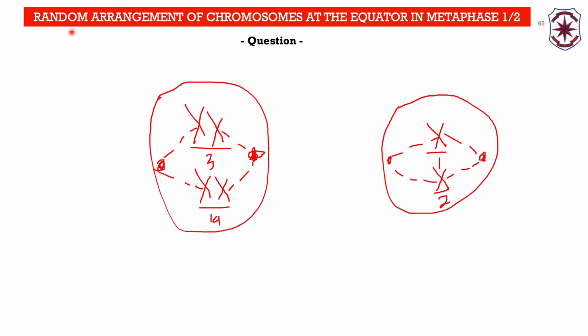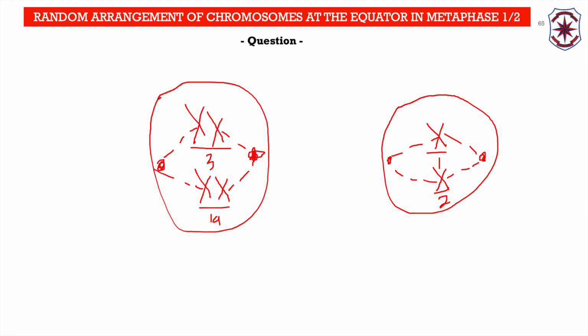I'm going to show you in this slide that the random arrangement of chromosomes in pairs in metaphase 1 and individually in metaphase 2 would actually warrant the cells being pulled to opposite poles of the cell in random combinations, in different combinations, and at the end of meiosis, each daughter cell will receive different combinations of chromosomes, which have different combinations of genetic material.